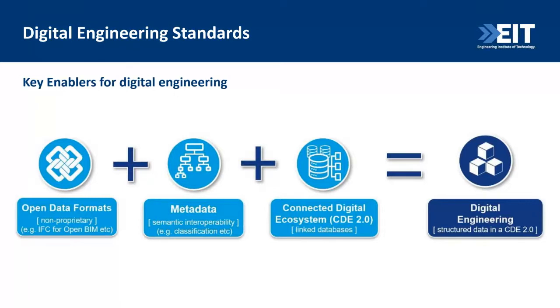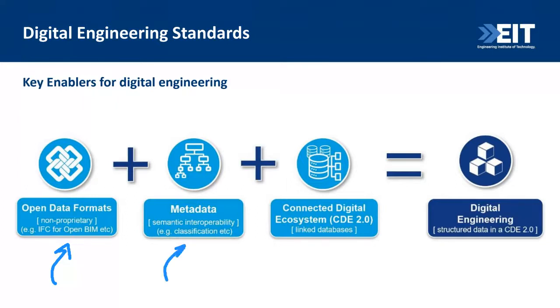So here are the key enablers for digital engineering that we have in our modeling, in what we are looking for in stage 3 as a management of the digital engineering for assets in railway. We need open data formats. It could be, for example, Excel file documents, Office, and also CAD files.